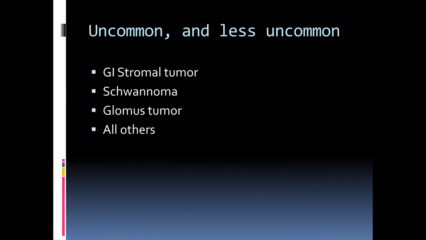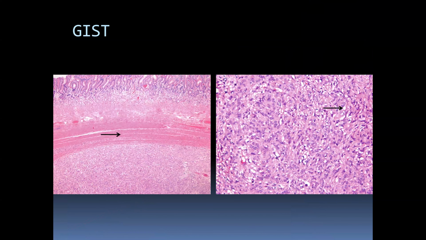So the mesenchymal tumors of the stomach are uncommon. The most frequent one, of course, is the GI stromal tumor, and then Schwannomas and glomus tumors are next in frequency. And then there's all the rest. So let's start with GI stromal tumor.